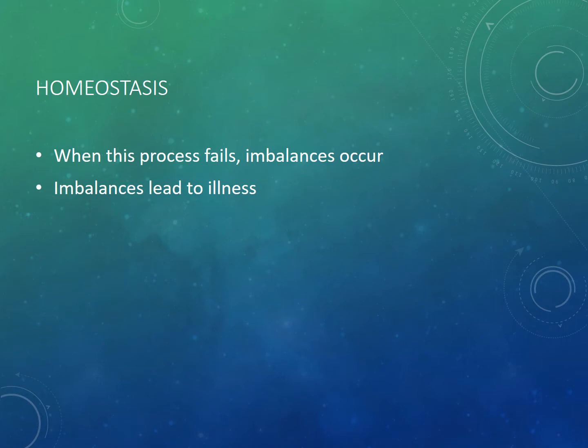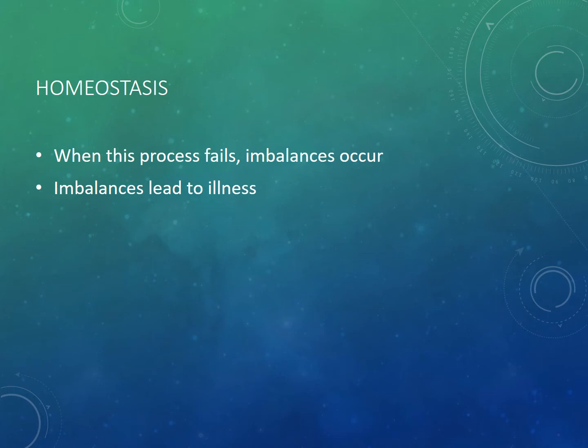One of the most difficult things that we have to do in our assessment is figure out which came first, the imbalance or the illness. Because we can have a situation where an imbalance actually leads to an illness, or an illness actually ended up causing a particular imbalance, or maybe the treatment for that illness caused the imbalance.